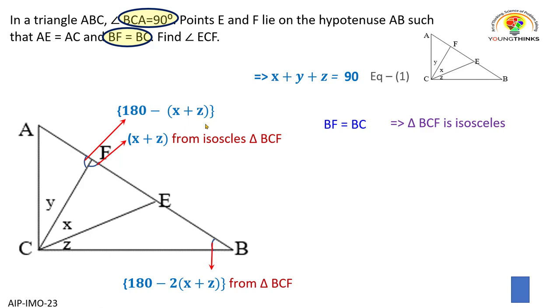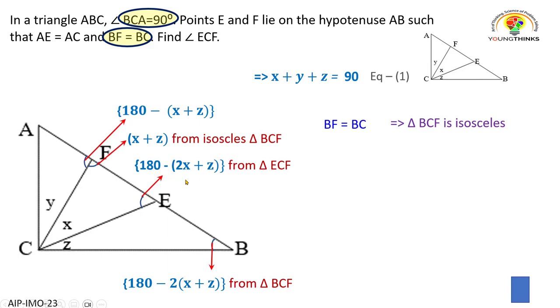Now, what will be the value of this angle, angle FEC? That is going to be the exterior angle of the triangle ECB. The sum of z and 180 minus 2 times x plus z will make it 180 minus bracket 2x plus z, the exterior angle being the sum of these two angles.